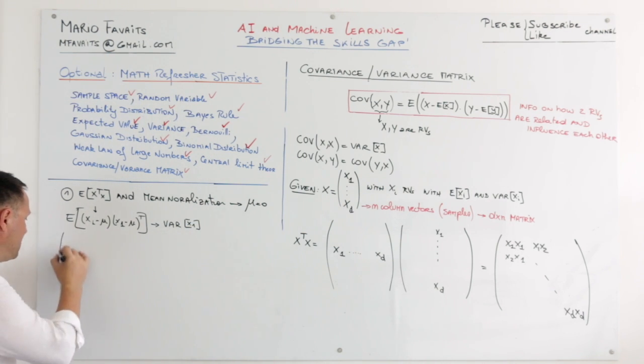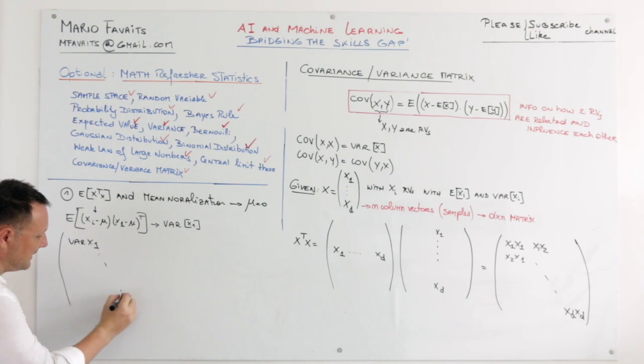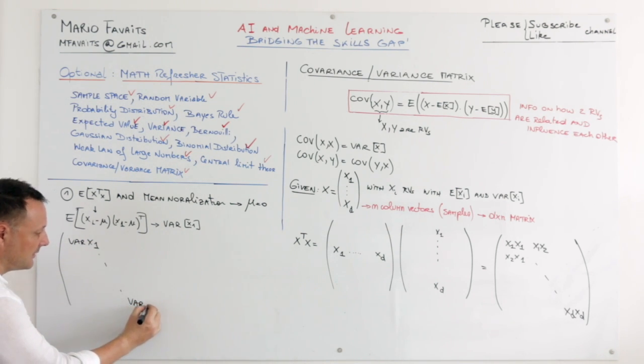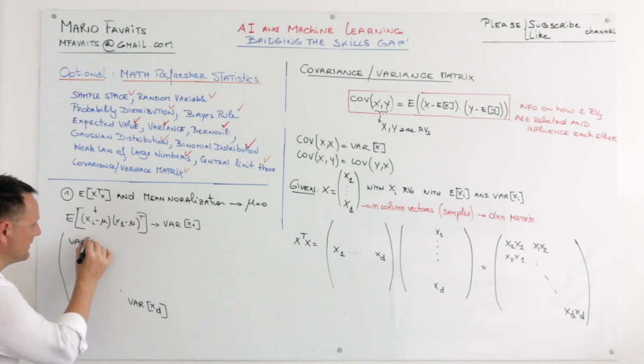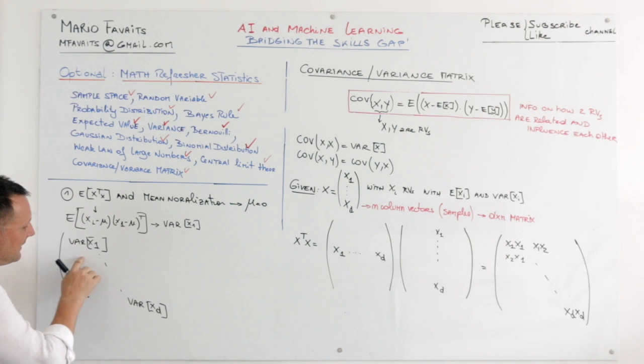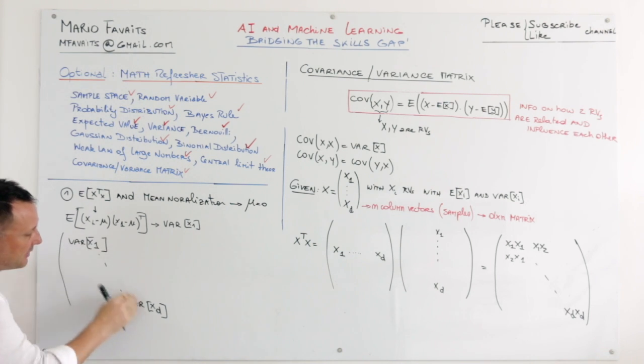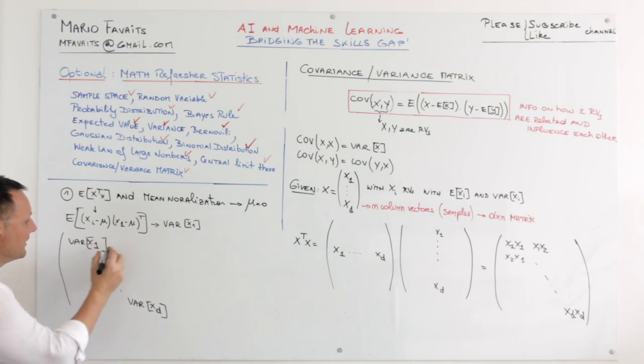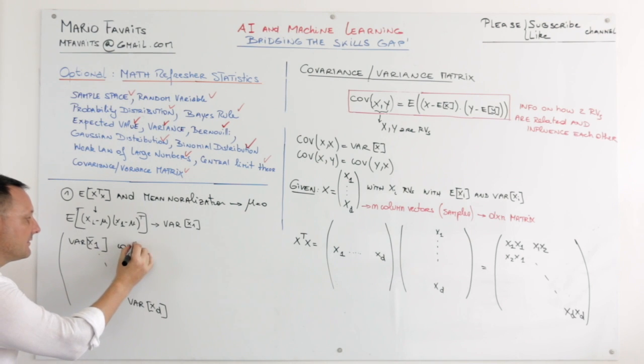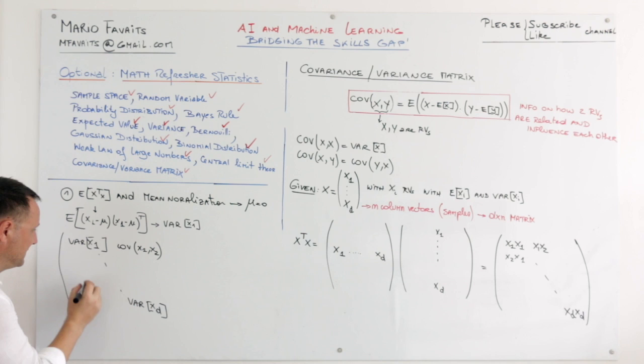So our matrix becomes the variance of x1 all the way down to the variance of xd, d dimensions, right? And on the other points on the non-diagonal, you're gonna get the covariance of x1 and x2. And here you have covariance of x2, x1.